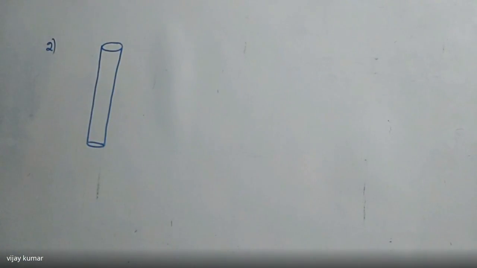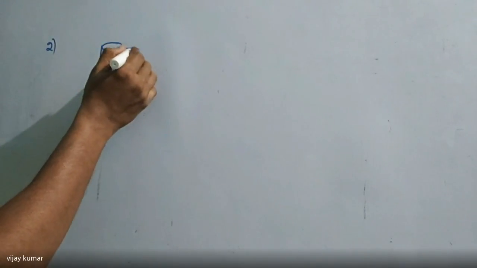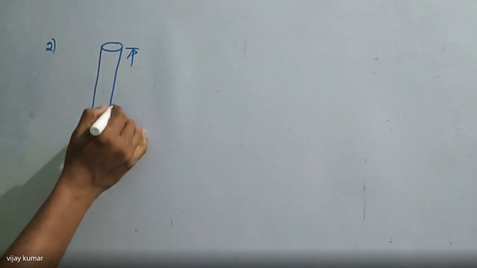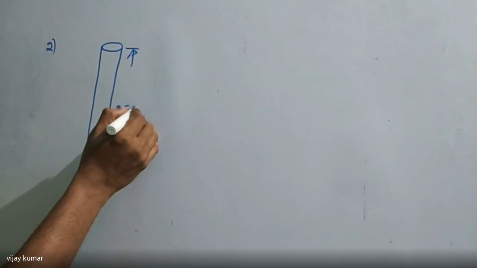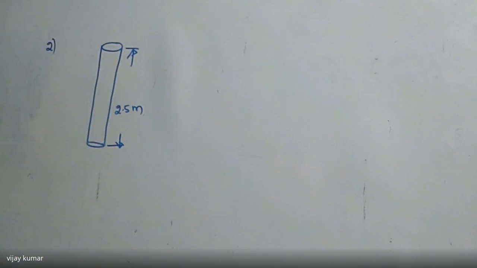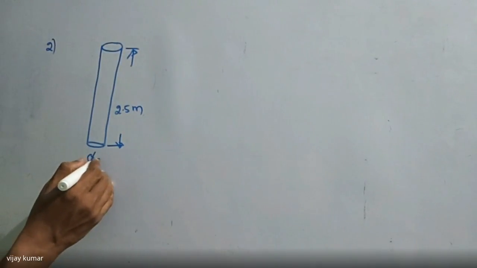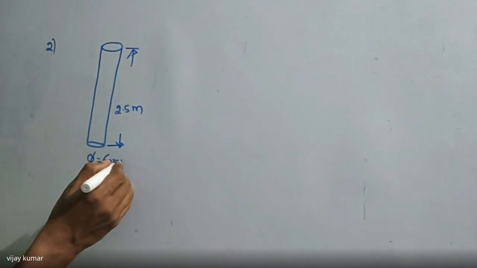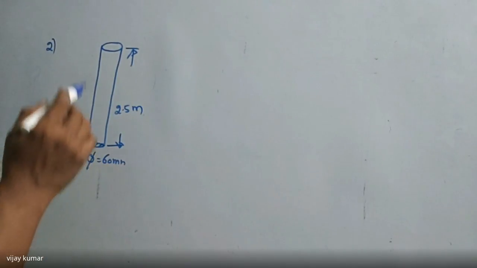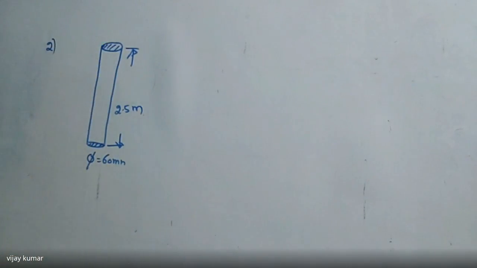How much long is given here? 2.5 meters long, so the length of the column is 2.5 meters. And the diameter is given, that is phi, 60 mm.